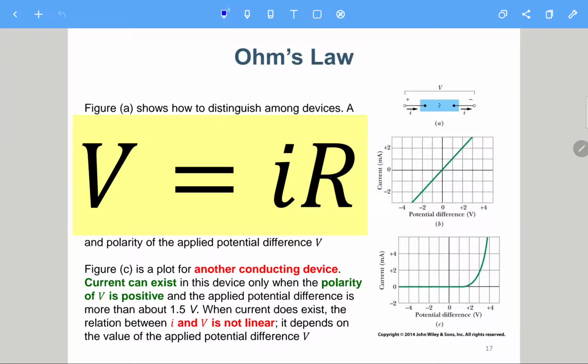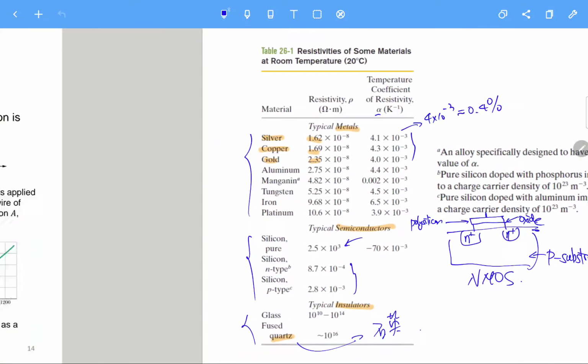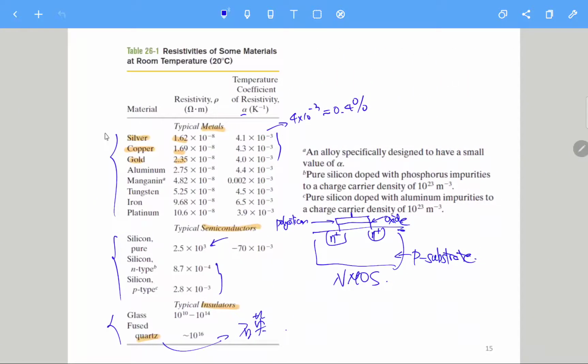Okay, so next, Ohm's law. Actually, there are many words here, but Ohm's law is nothing but V equals IR, and I definitely don't need to speak too much. As long as we have a resistor here, for devices like the conductor, it will satisfy this.